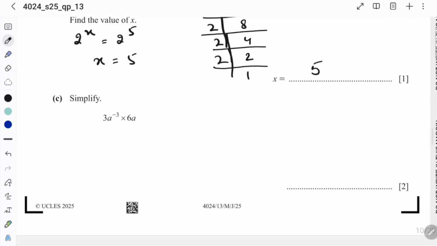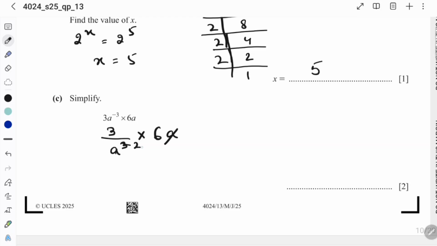Go to part C now. Simplify 3a power minus 3 multiplied by 6a. Multiply the coefficient with the coefficient and add the powers. Or you can do it like this also. 3 times 6 is 18. 3 over a cube into 6a.